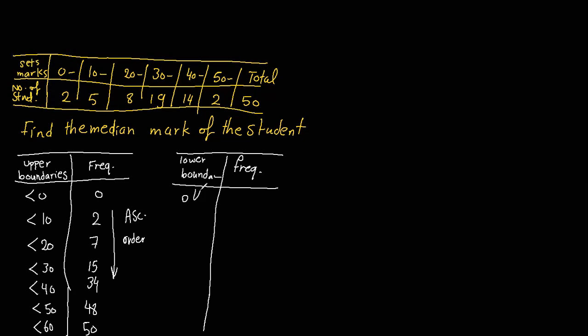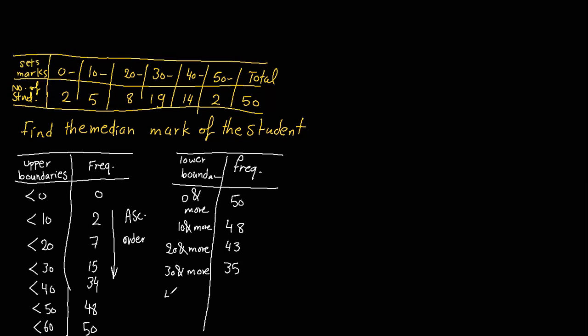Then 0 and more will be the total frequency, 50, and we make subtraction. 10 and more, we subtract 2 from 50, it will be 48. 20 and more, we subtract 5 from 48, it will be 43. 30 and more, 43 minus 8, it will be 35.